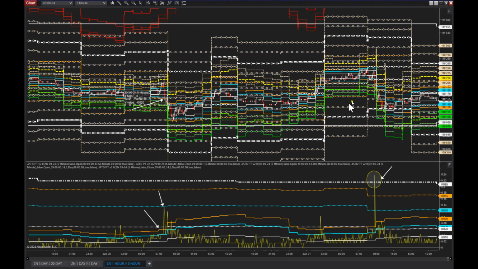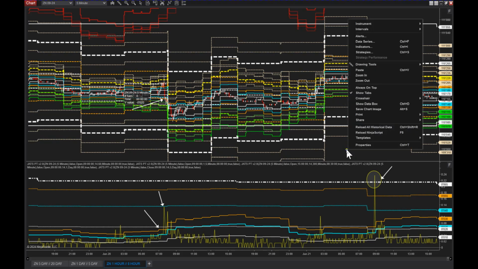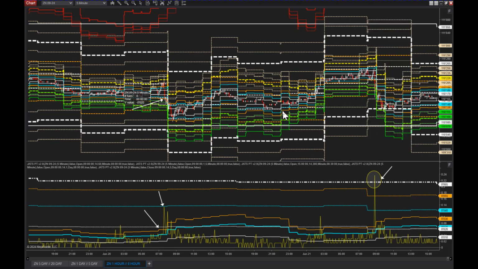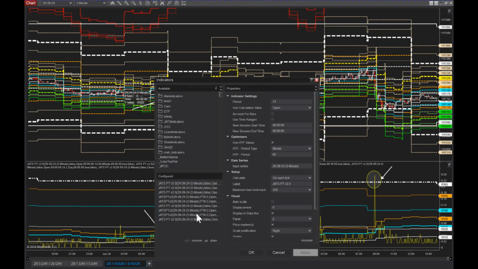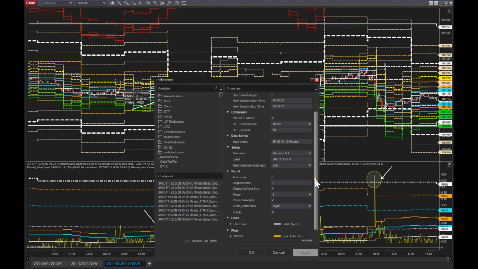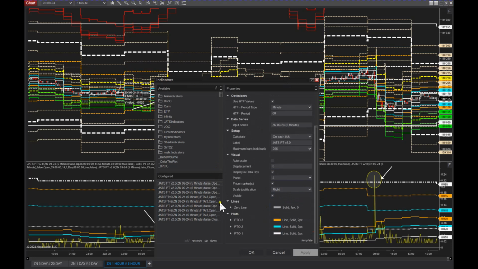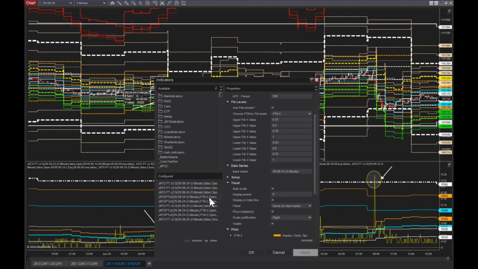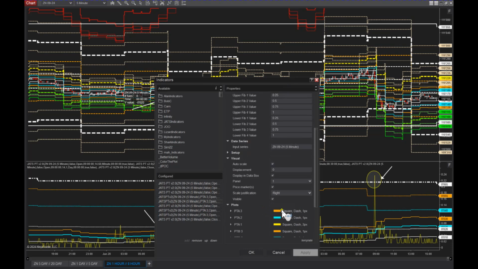And what do I mean by that? Let me turn the 60-minute off so you can see this. If I can find it, there it is. Oh, that's the oscillator. Here we go.